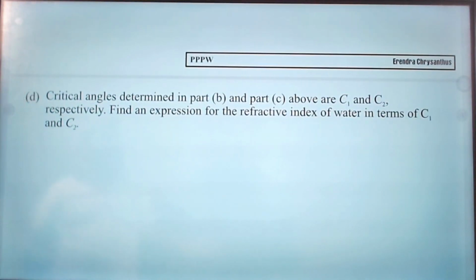Critical angles determined in parts B and C above are C1 and C2. Find an expression for the relative refractive index of water in terms of C1 and C2.